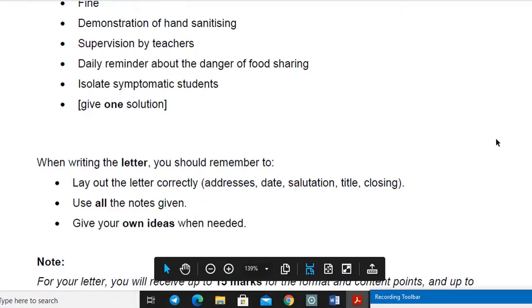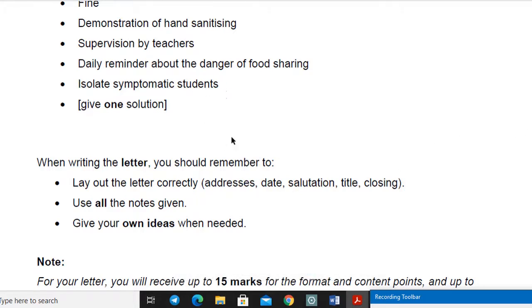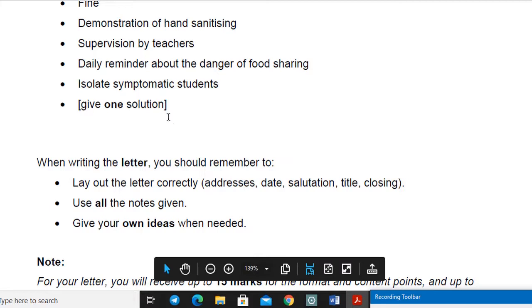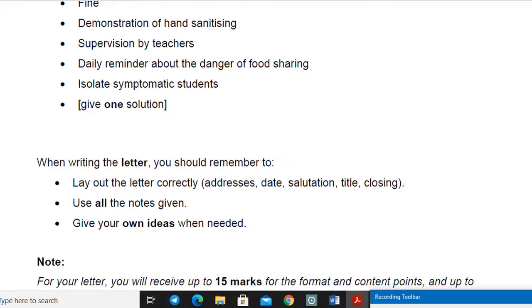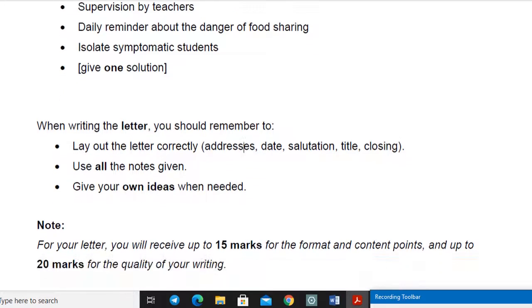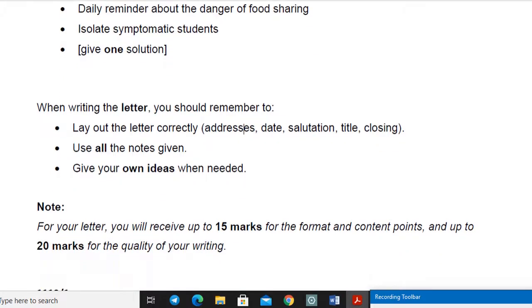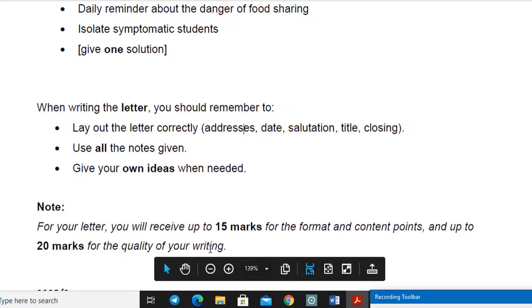There are 8 notes given. Give your own ideas. So you have to give 2 of your own ideas. Then only you will get your 12 marks. Okay, so 12 plus 3 is 15. And then the quality of your writing, meaning your spelling, your grammar, your paragraphs, you will get 20 marks for that.